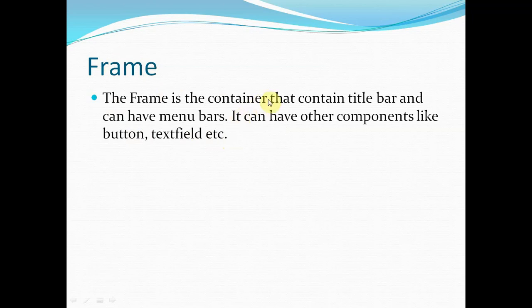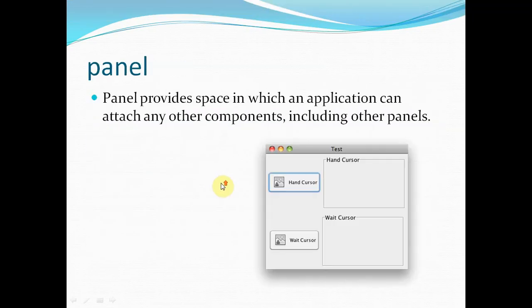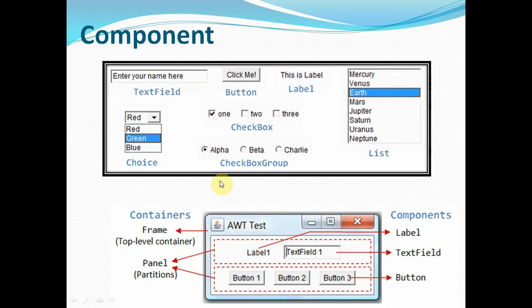Frame is a window that has some title and some menu or menu bars, and also in that window we can place some GUI components like button, text field, etc. For example, this is one frame window that contains some labels, text fields, buttons, etc.